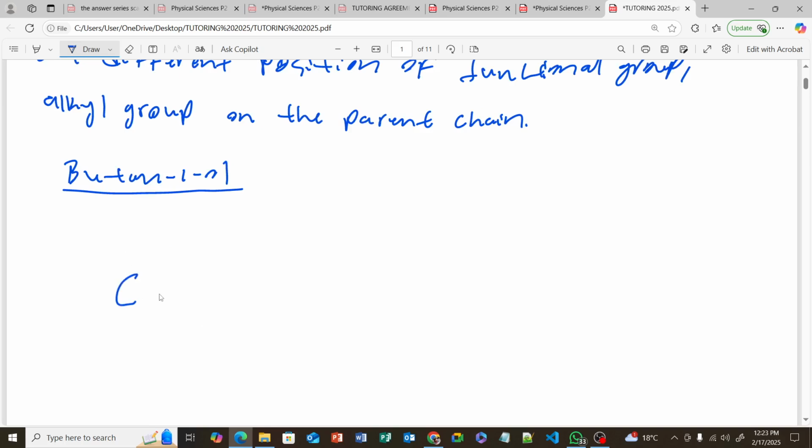Butanol is like this: 1, 2, 3, 4, right? So this is the butanol that they gave us. At position 1, you have that, right? This is not the answer, eh? So at position 1, we have this.